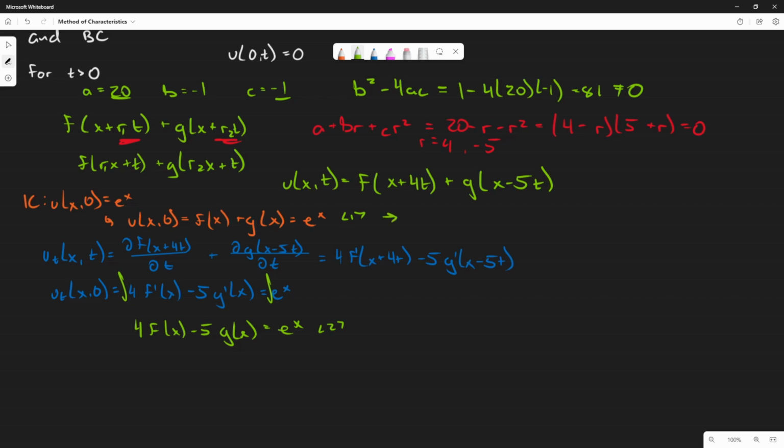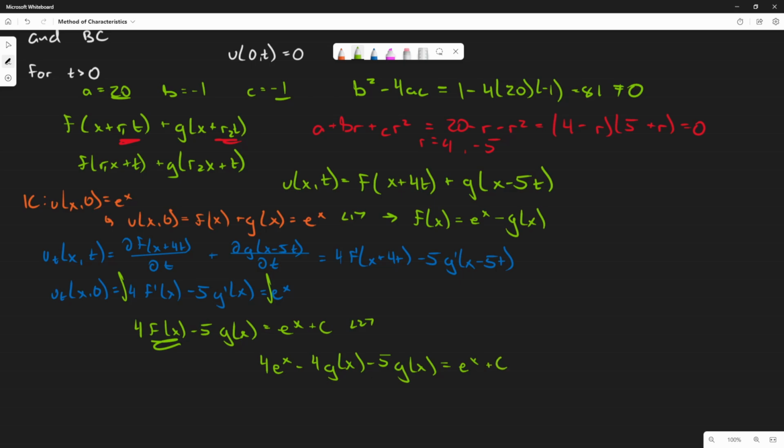So we're going to rewrite equation 1 as f of x is equal to e to the x minus g of x, and then we're just going to plug it into the second equation. So now we get 4e to the x minus 4g of x minus 5g of x is equal to e to the x. Oh, and I forgot, this is supposed to be a plus c.